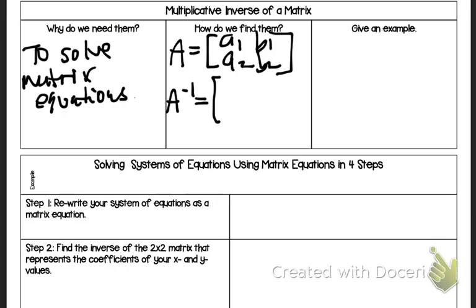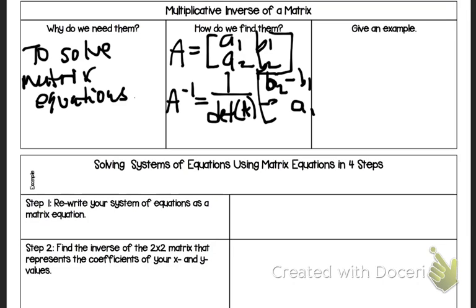It is 1 over the determinant times, now you're going to rewrite this matrix A, but you're going to switch a couple things. So you're going to switch the A1 and B2, so this is not going to be B2, this is going to be A1, and then the other ones stay in the same spot, but they become negative. So negative B1, negative A2.